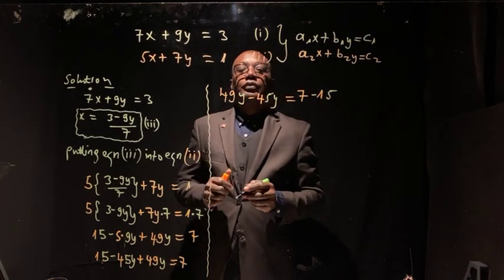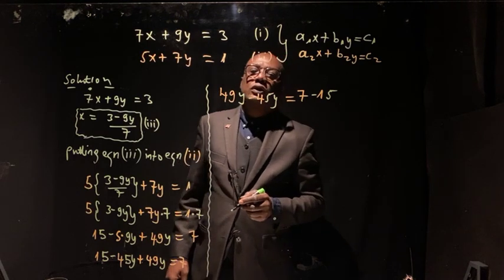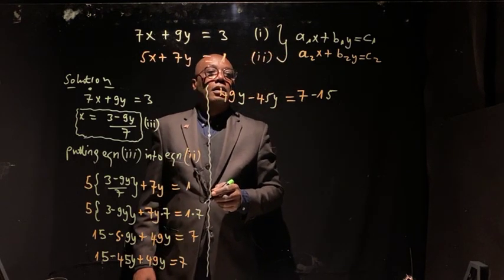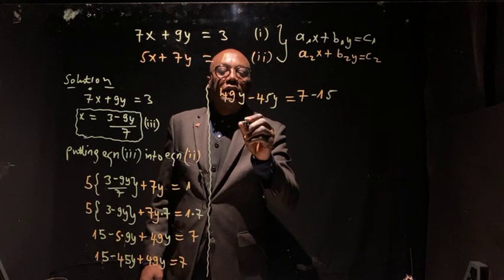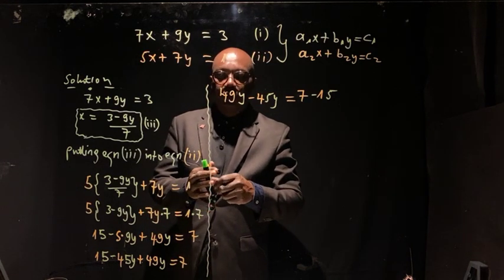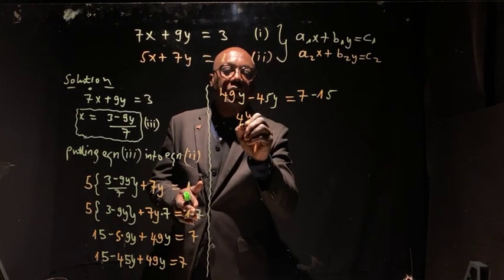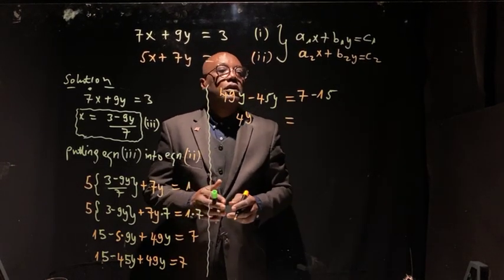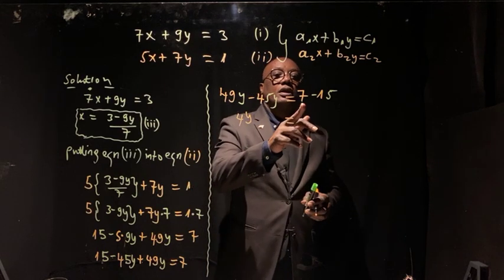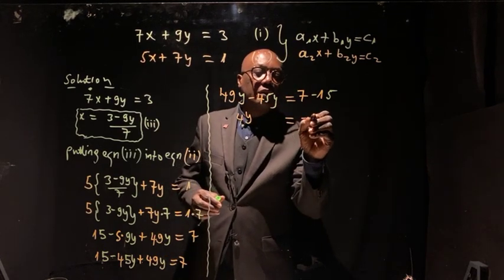So now you can see that we have 49y minus 45y, which will give us 4y, equal to 7 minus 15, which will give us minus 8.